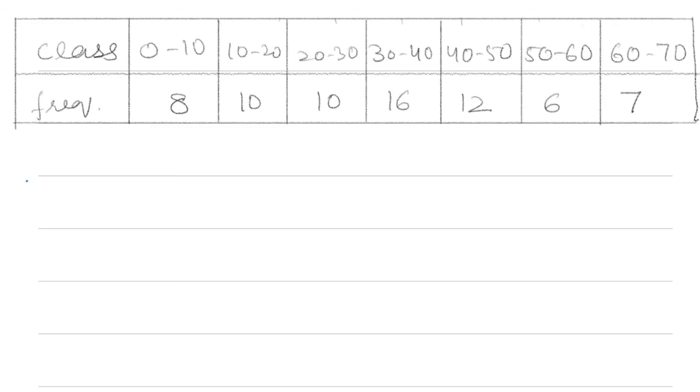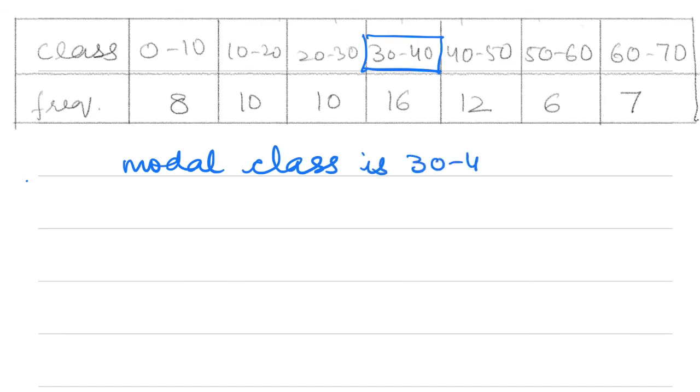For the mode, we have to find the modal class. This will be the modal class as it has the highest frequency. So the modal class is 30 to 40.